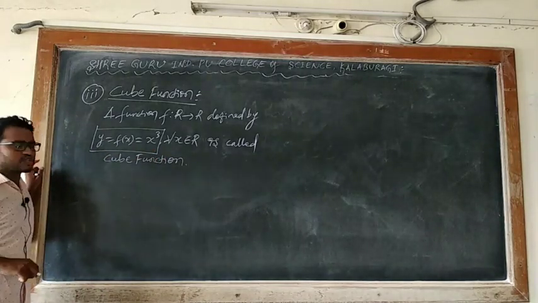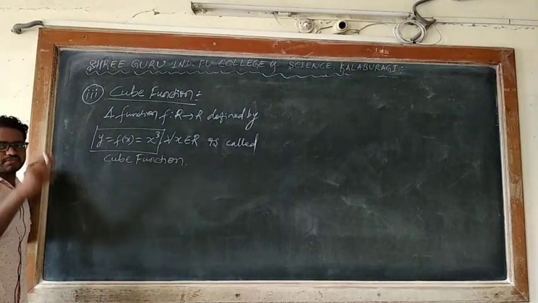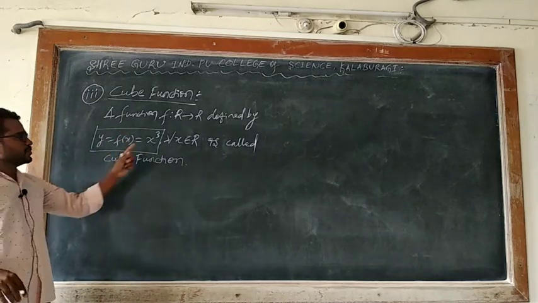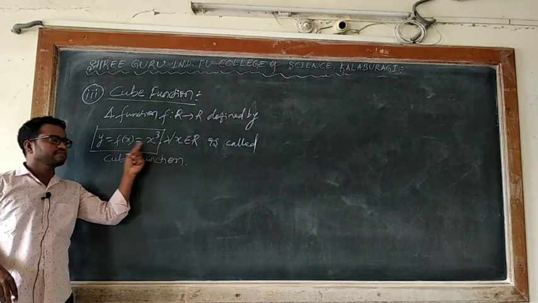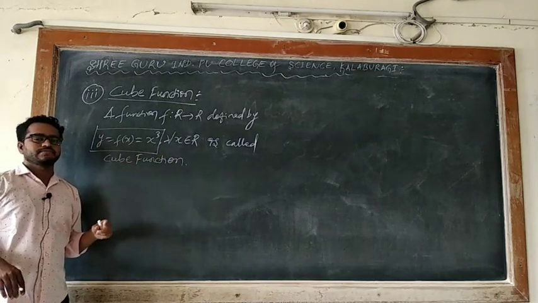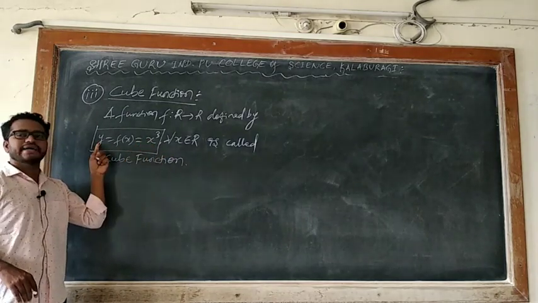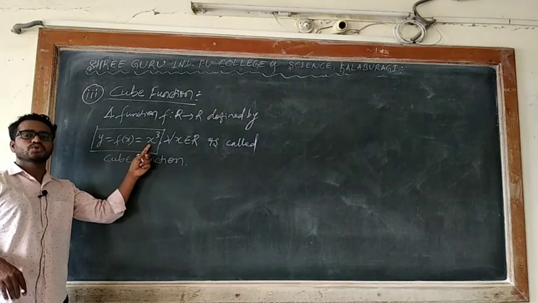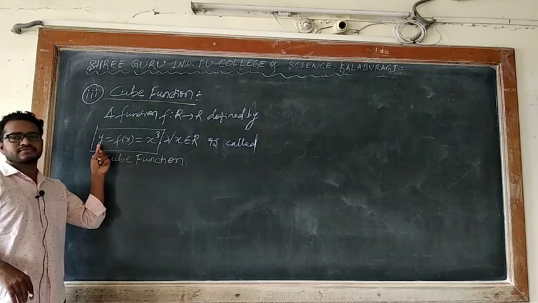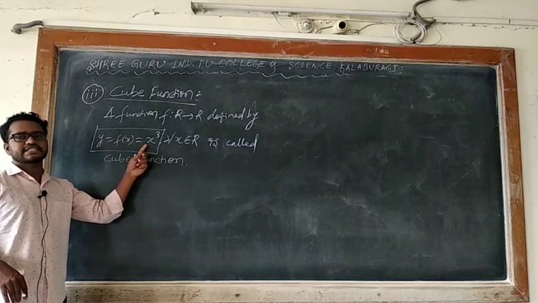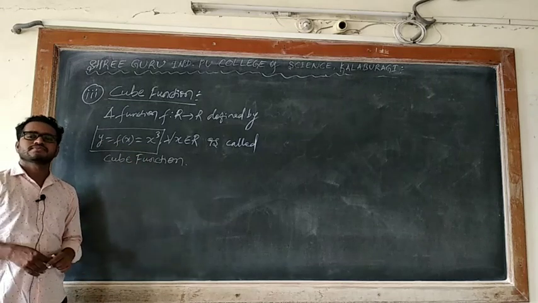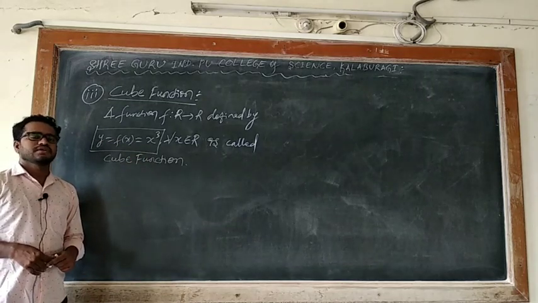Listen to me. A function is like a machine. Whatever x value you take, it converts accordingly, and you get the cube of that as the y value. X is 1, y is 1 cube, which is 1. X is 2, cube is 8. If x is 3, cube is 27.